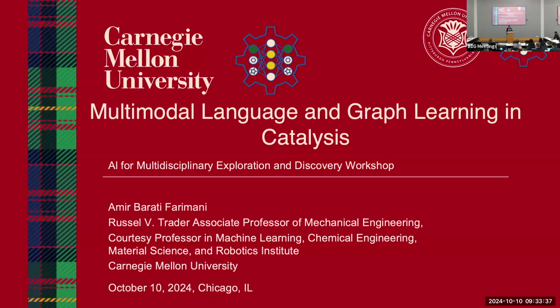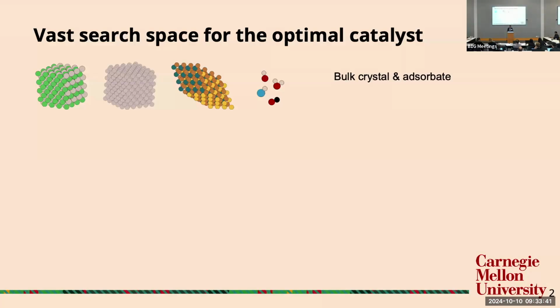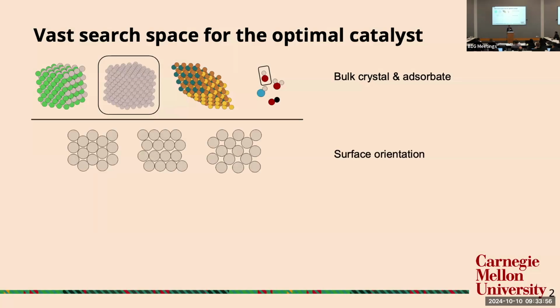So today I'm going to talk about multimodal language and graph learning in catalysis. One of the big challenges that we have in catalysis, obviously, is the humongous search space for optimal catalyst design, and that goes both to bulk crystal structures and then also the adsorbate. We have the surface orientation, which in the combinatorial space is pretty huge.